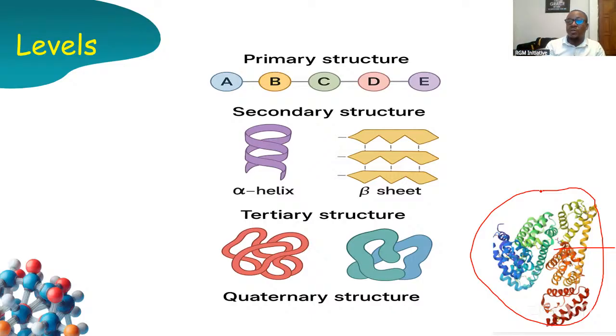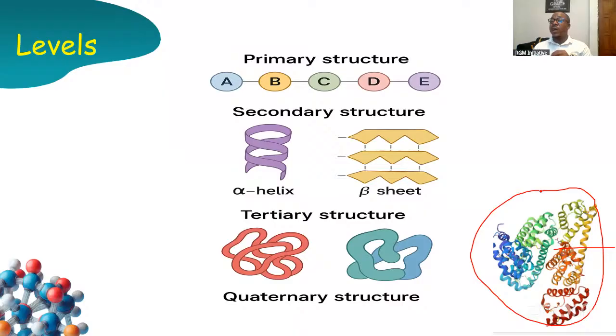In some proteins, you also see only beta sheets. More than one beta sheet is also a tertiary structure. But in some other proteins, you can see both alpha helices and beta sheets. Those are also tertiary structures of proteins.